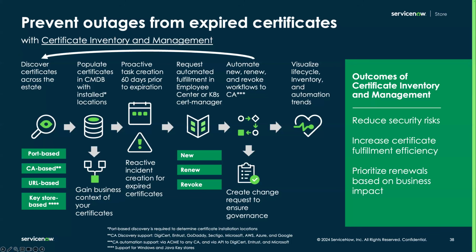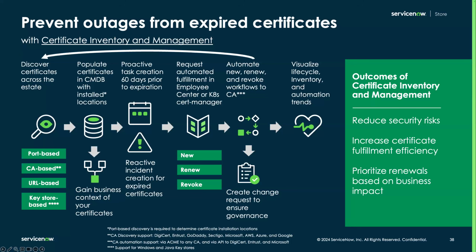It all starts by discovering your certificates across your entire estate, either by port-based or CI-based or URL-based or even key store-based. You can see the details here. We support different certificate authorities for discovery purposes, such as DigiCert, Entrust, GoDaddy, Sectigo, Microsoft, AWS, Azure, and Google.